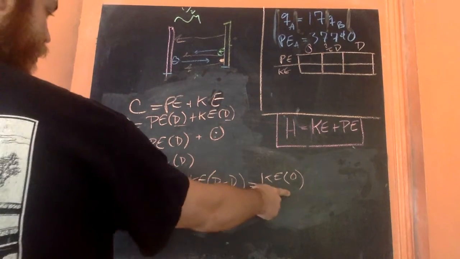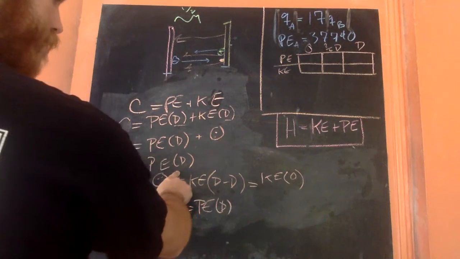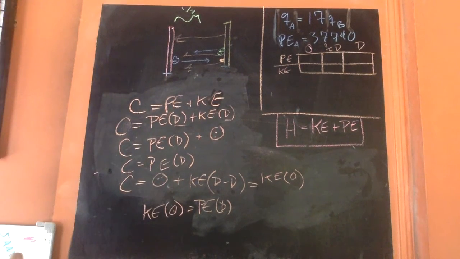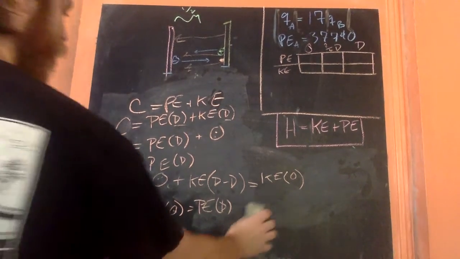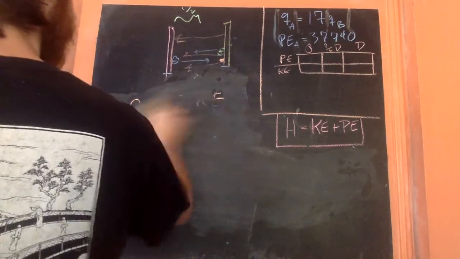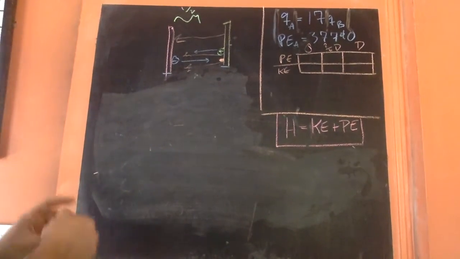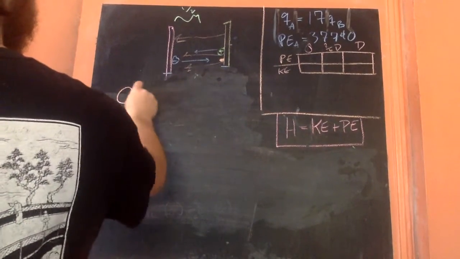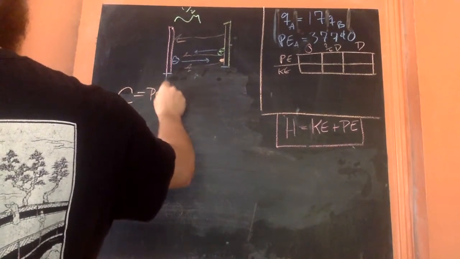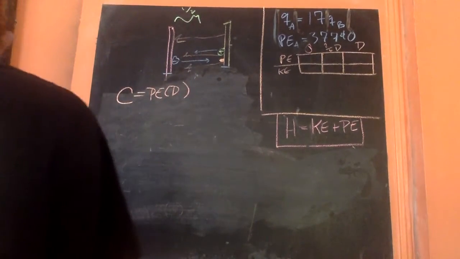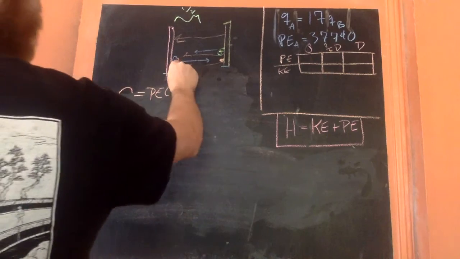Because it's equal to c here, this is equal to c here, we just move them down. Now the last step is generalizing this to a distance r from the plate. So we have this same c is equal to PE of d. And let's say we've traveled a distance r.